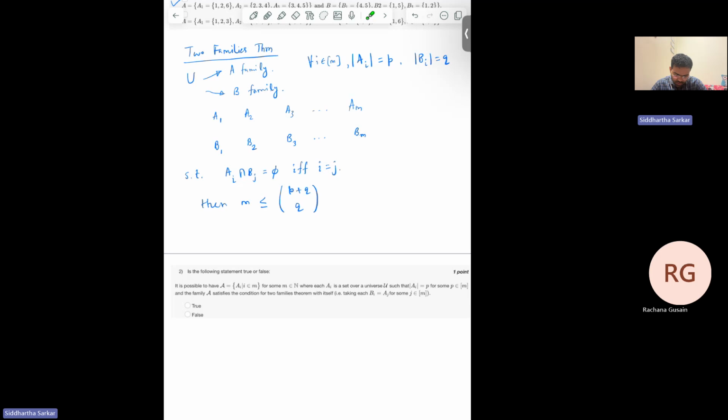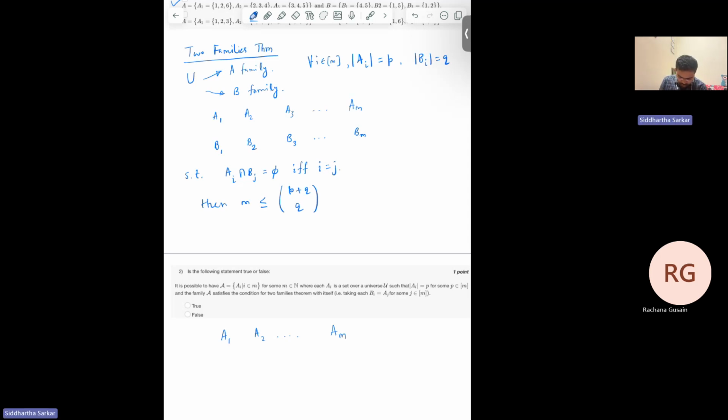What does that mean? Taking Bi equal to Aj for some j. I think it means the following: you have only one family, and the family has M sets.